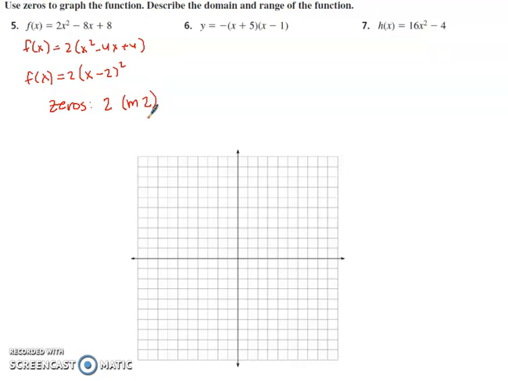And what that tells me is that my vertex is actually at 2, 0. So my vertex would be here, I moved to the right 2, and then I had no vertical shift. And then my pattern is that I multiply everything by 2, so there is a vertical stretch by 2. So my graph is going to look something like this.